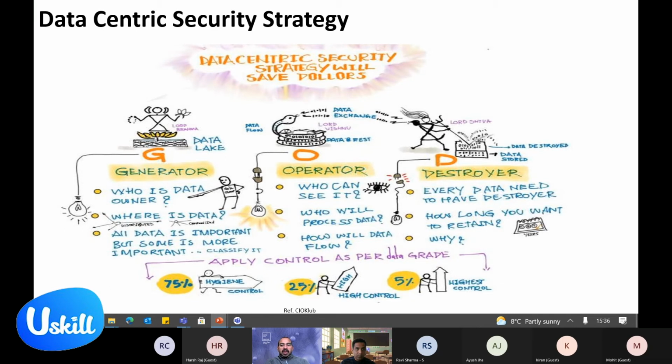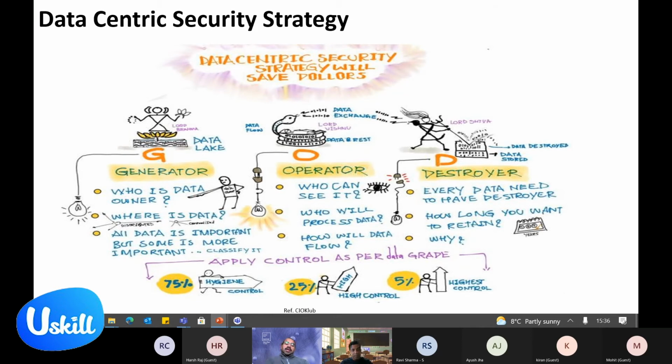So whoever is collecting the data will remain the owner of the data throughout its life cycle. Of course, if we are putting that data onto the cloud, it would be a shared responsibility, but legally, the ultimate responsibility will remain with the person who is collecting the data.